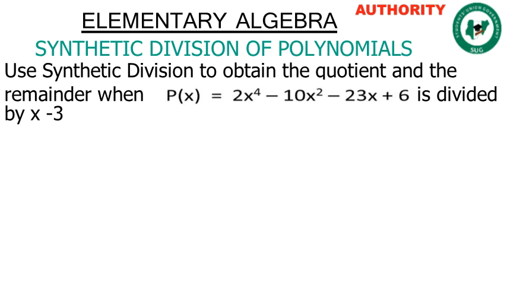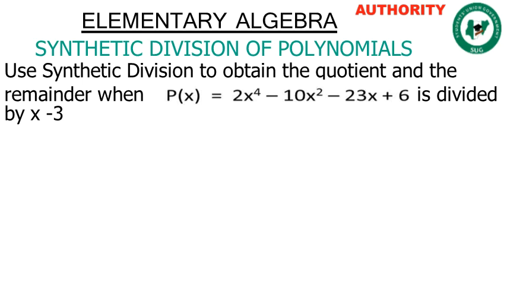The coefficient of x raised to the power 2 is minus 10. The coefficient of x is minus 23. Then the coefficient of the constant is 6, or you can say the coefficient of x raised to the power 0. You get it?